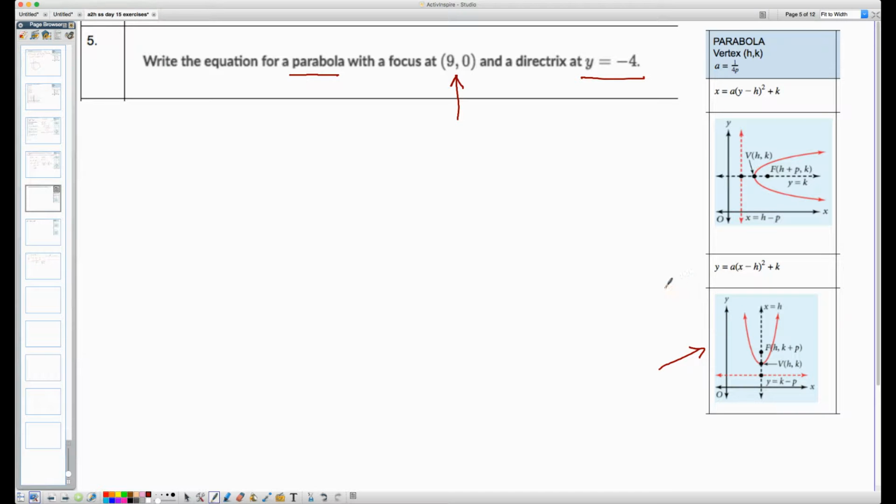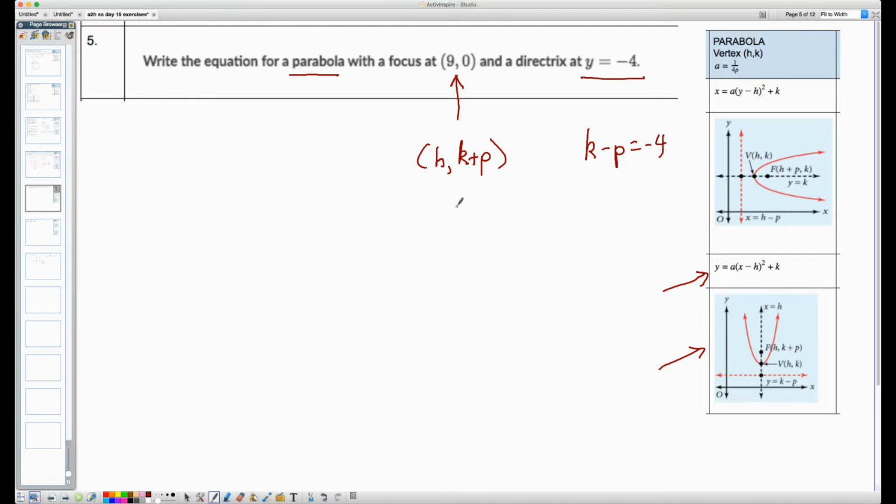I've got a focus of (9, 0). That would be my h and k plus p. The directrix is y equals negative 4. That's k minus p.